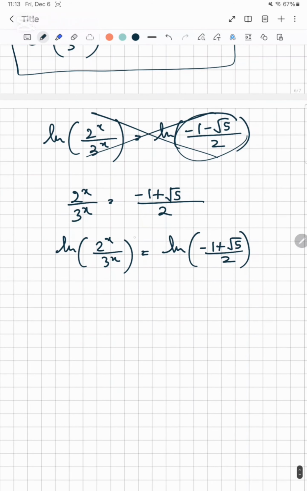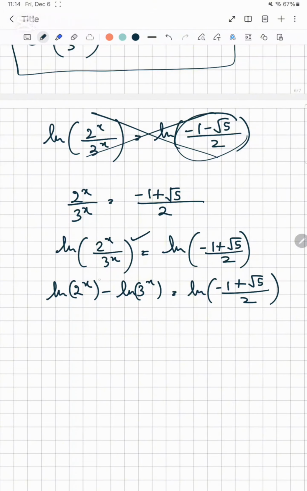Now I can rewrite this as ln. Division is subtraction according to logarithmic rules, and if there's a power, the power comes down in front and becomes a multiple of ln. So it's x ln 2 minus x ln 3 equals ln of minus 1 plus root 5 over 2. Now I can take x out because it's common.